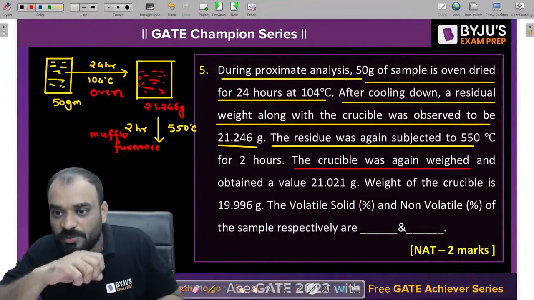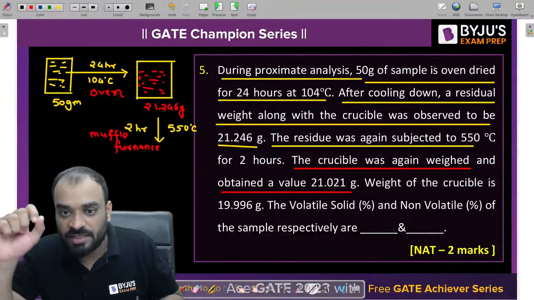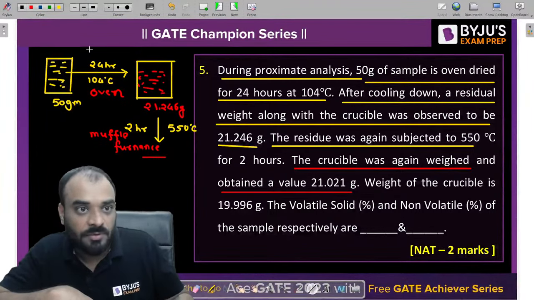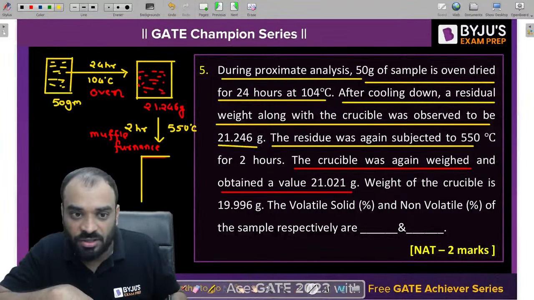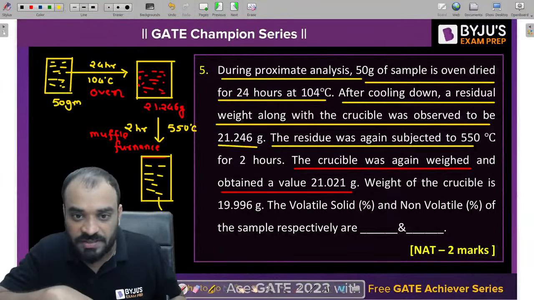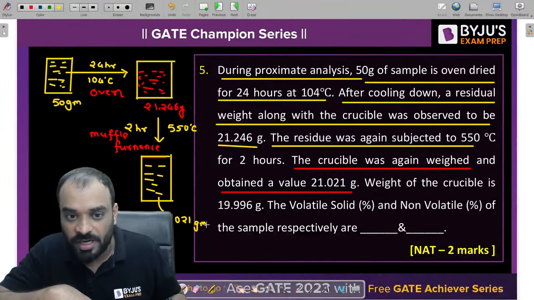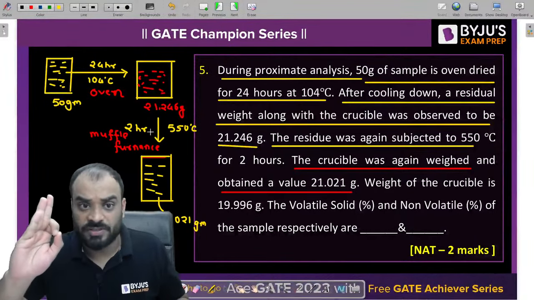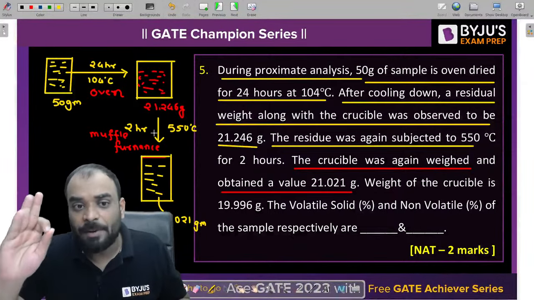The weight of crucible was again weighed and obtained as 21.021. So the weight of crucible plus weight of sample right now is equal to 21.021 gram, right?